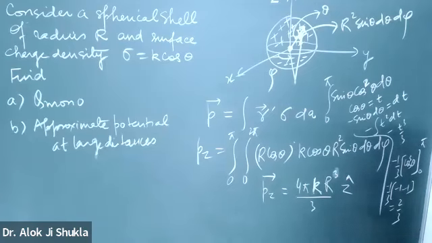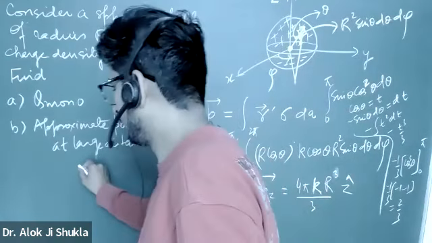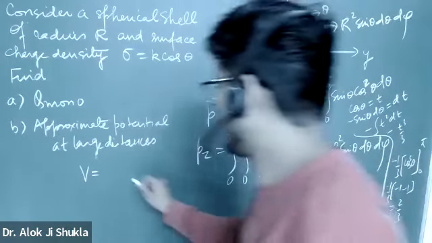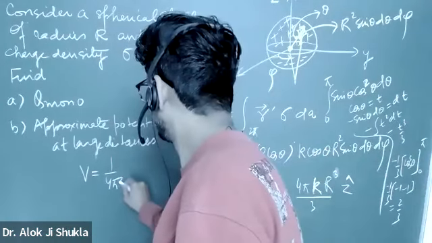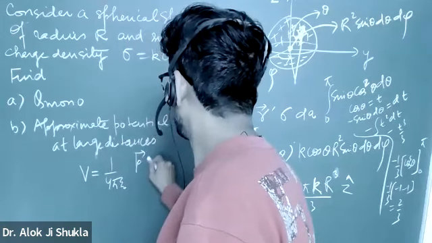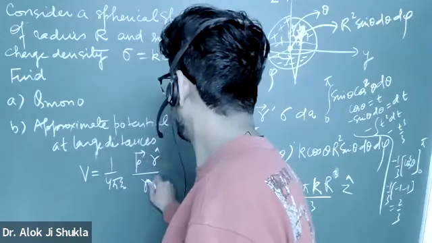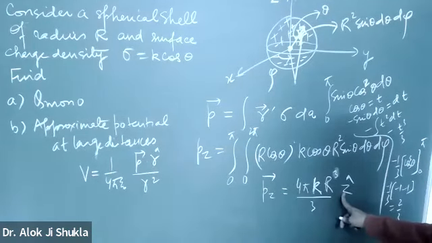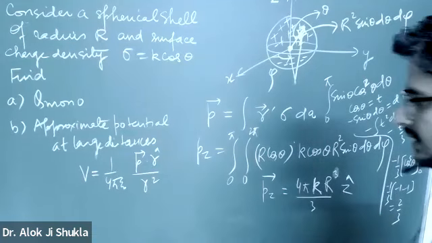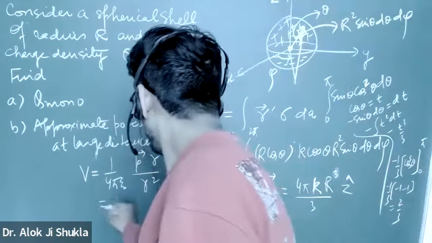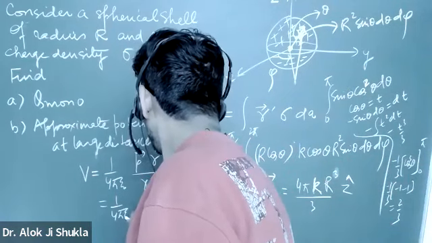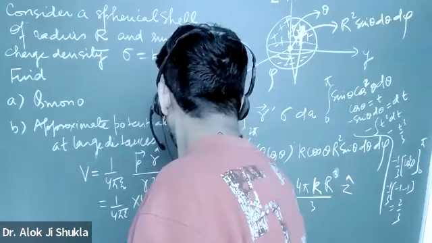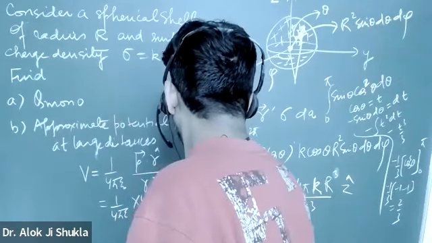And if you want to write the potential at any r cap, what will be the potential? V is equal to, tell me. It will be 1 upon 4 pi epsilon naught, P dot r cap by r square. Correct? So P dot r cap will give you a cos theta, right? So it will become 1 by 4 pi epsilon naught into 4 pi k by 3 r cube.